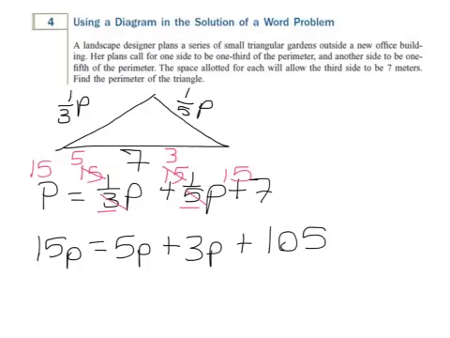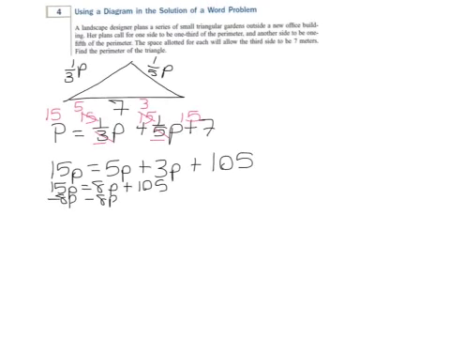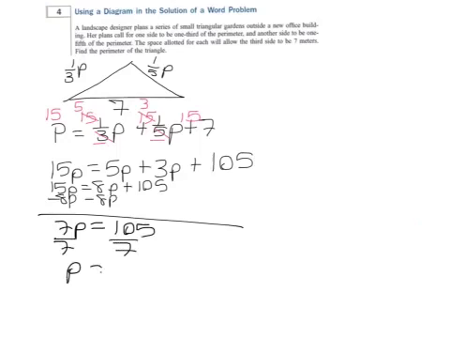What we can do now is combine. So we've got 15p equals 8p plus 105. Subtract 8p. I've got 7p equals 105. Now if I divide by 7, I've got p equals 15.